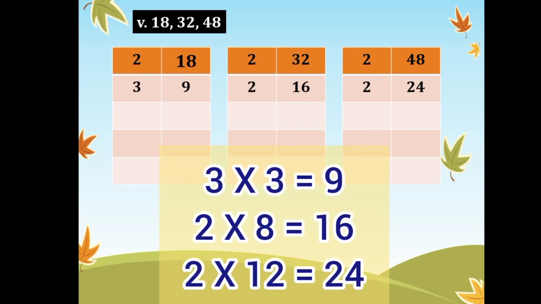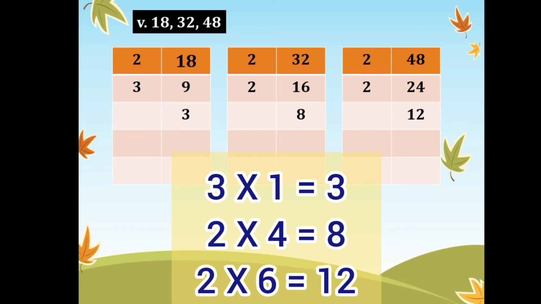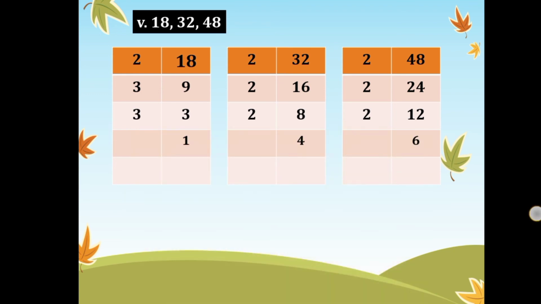Then 3 3s are 9, 2 8s are 16 and 2 12s are 24. Then 3 1s are 3, 2 4s are 8, 2 6s are 12.